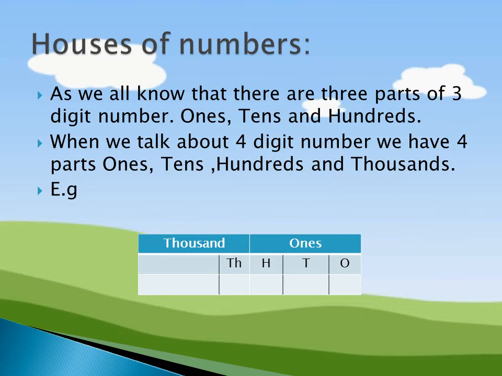But basically, just like ones, it has two more sub houses, called 10,000 and 100,000. These we will discuss in higher grades.